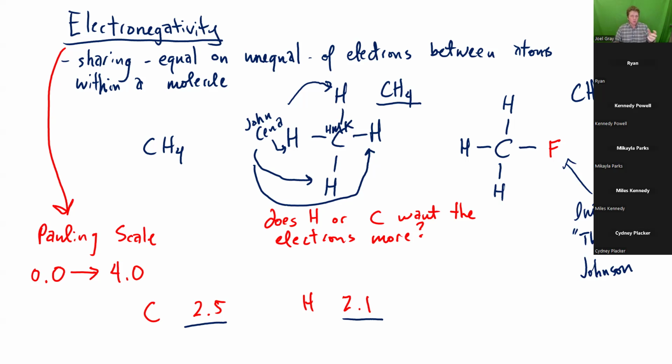Okay, so now in this game of tug of war, is that carbon going to be pulled in any particular direction? Is it going to be pulled towards the fluorine or towards the hydrogens? Yes, you're absolutely right. It's going to probably be pulled towards that fluorine because that fluorine is stronger.